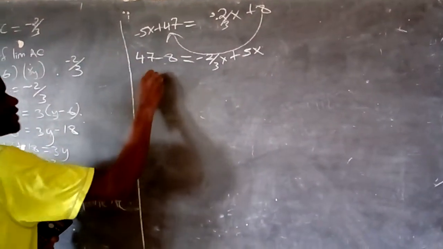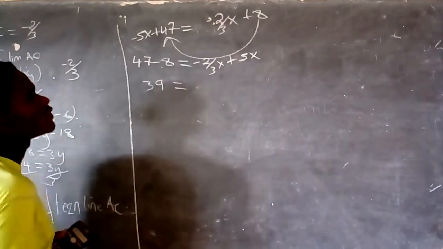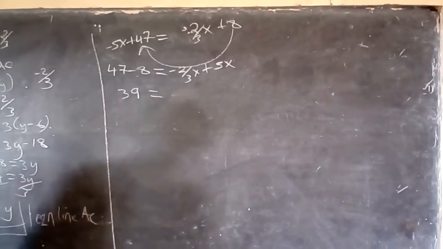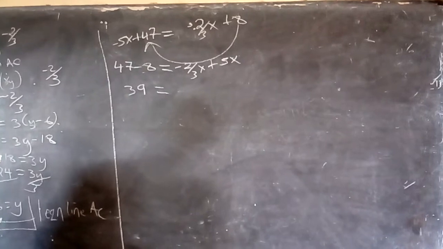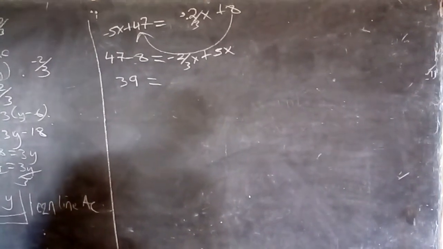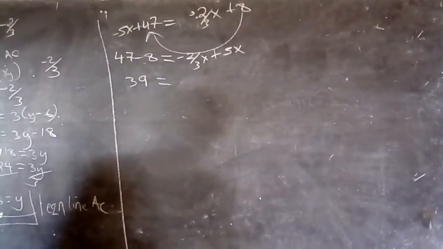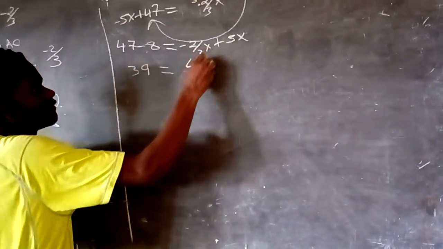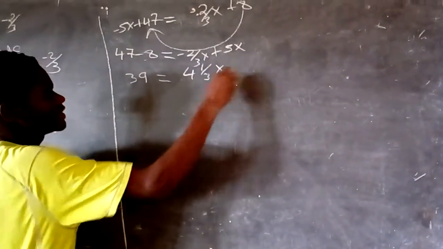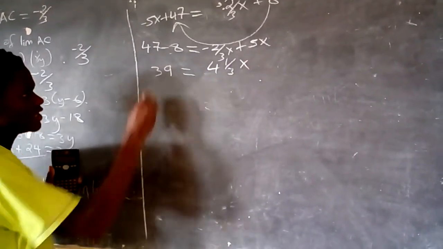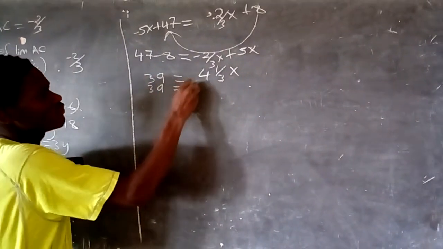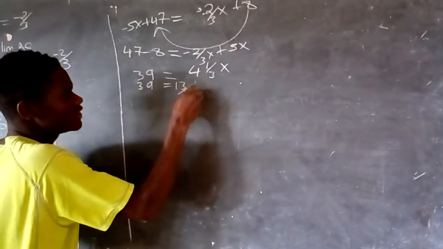This 39 is equal to negative 2 over 3x plus 5x. That is 4 and 1 over 3x, that is 13 over 3. Now 39 is equal to 13 over 3x.